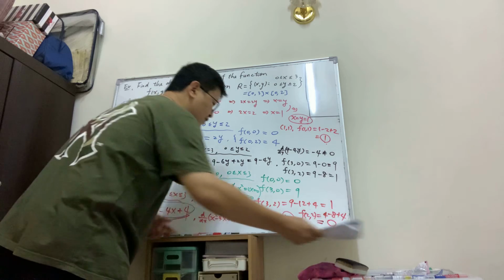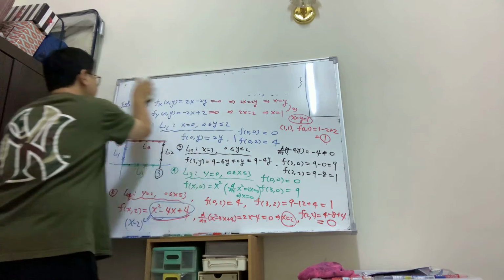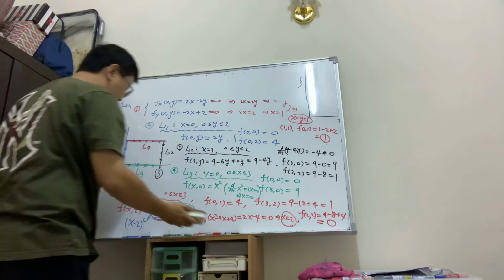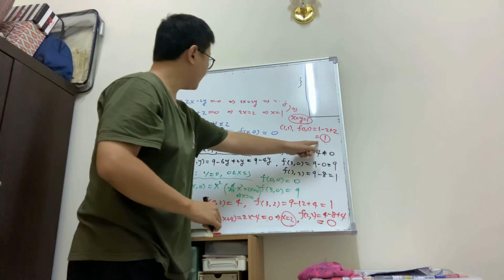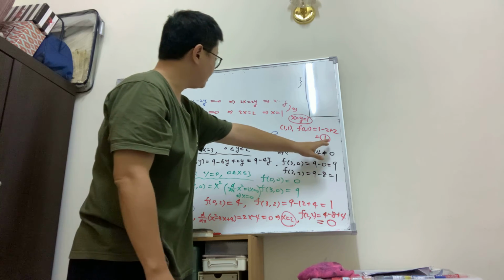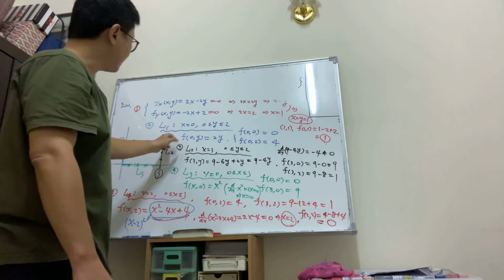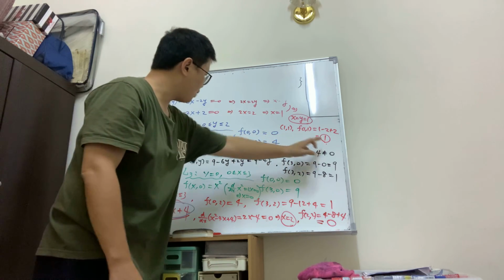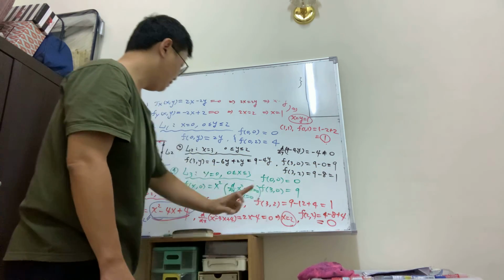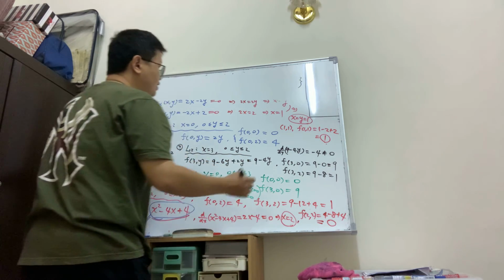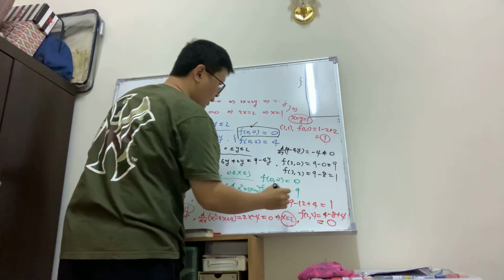Yeah, so the final step is to check which one is the absolute maximum and which one is the absolute minimum. Now we should check each of them. The first one is the critical point 1, 1, where the value is 1. The second one is 0, 4. So the values are 1, 0, 4, 9, 4, 1, 0. You could see 0 is the smallest one.